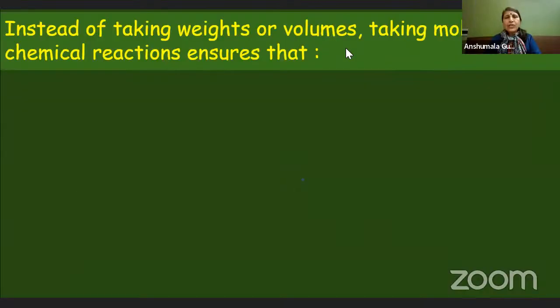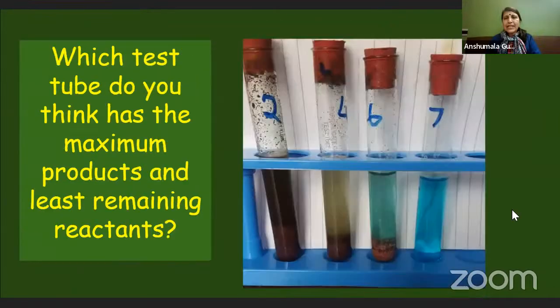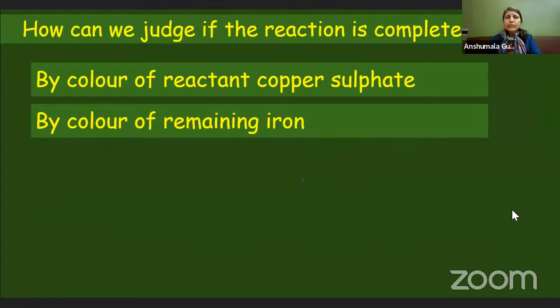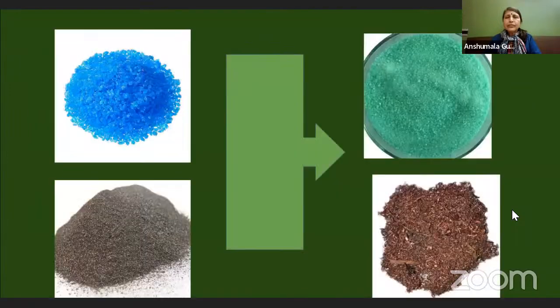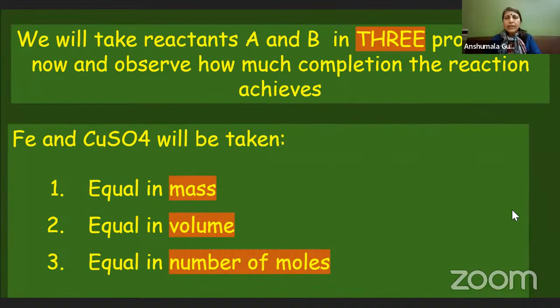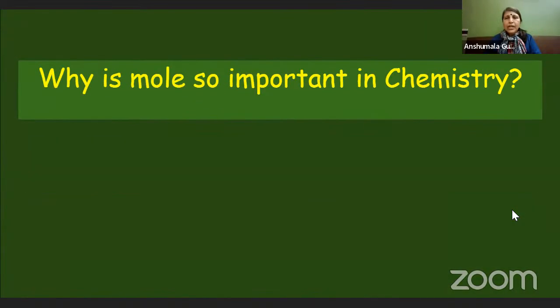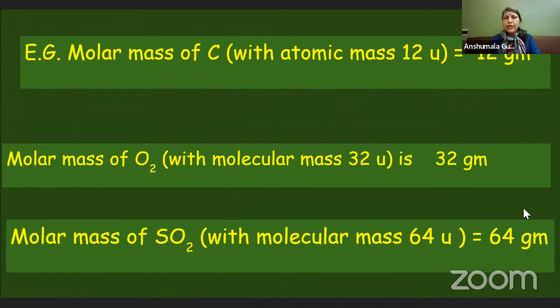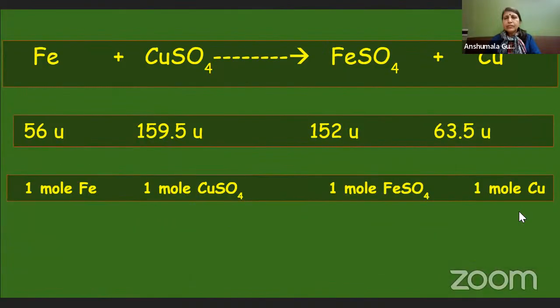It shouldn't happen, let me get back to my equation. No, ma'am, the atomic weight was equal on both sides. 56 plus 159.5 equals 152 plus 63.5. It is 215.5. It is equal only.